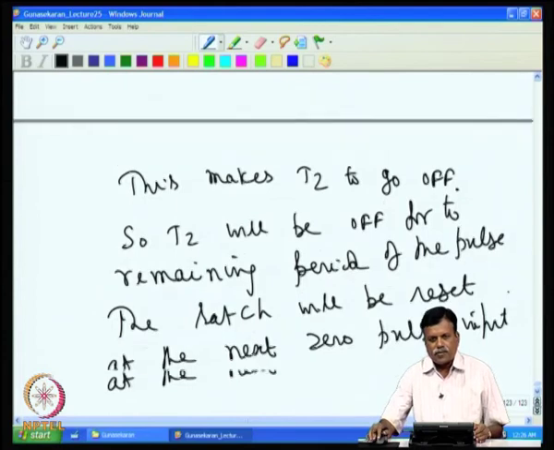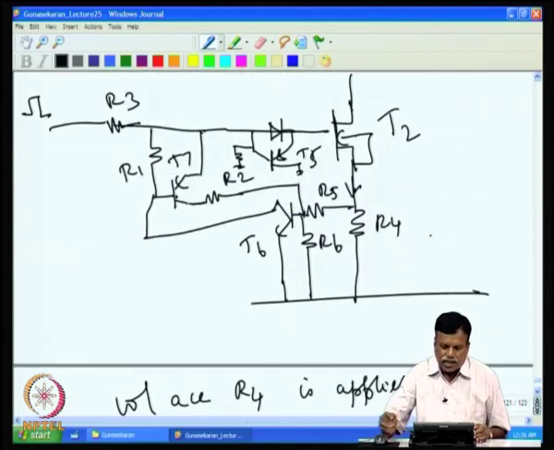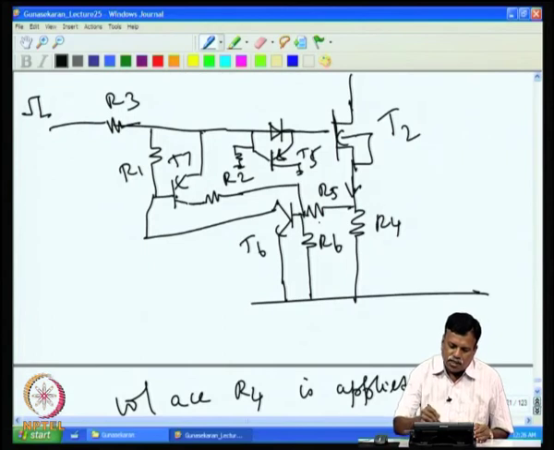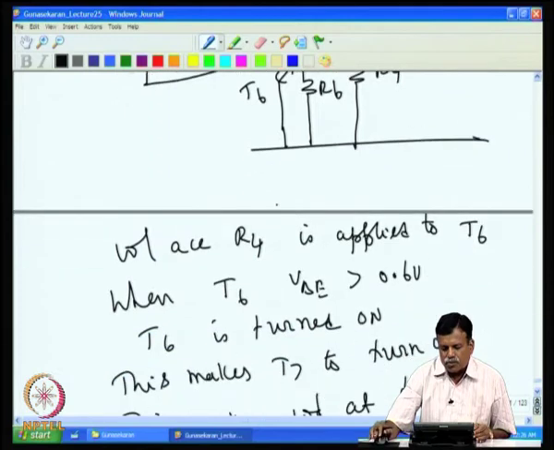Now, in this case, what is the drift? Because we have taken that 0.6, it will be reset. So, if I take, for example, R5 and R6 equal, then if this voltage is 1.2 volt, the T6 base will be 0.6. That means the latching operation will be initiated at 1.2 volt.